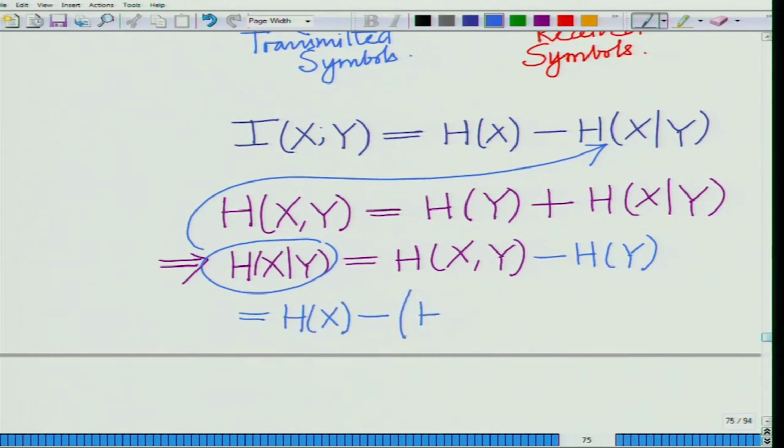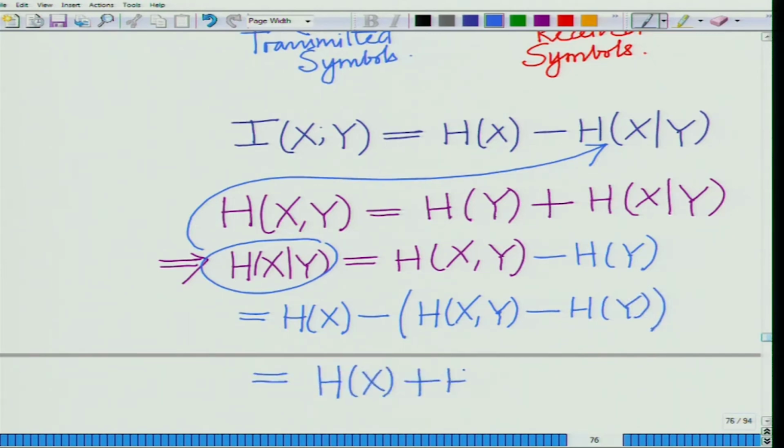I am going to substitute this quantity in here, and that gives me H(x) minus H(x given y), which is nothing but H(x) minus [H(x,y) minus H(y)], which is equal to H(x) plus H(y) minus H(x,y). Okay.